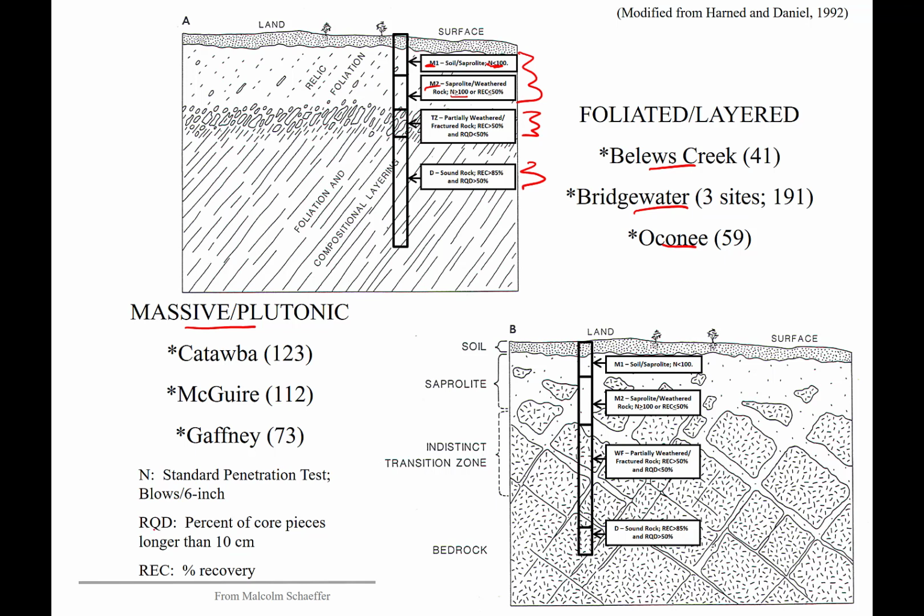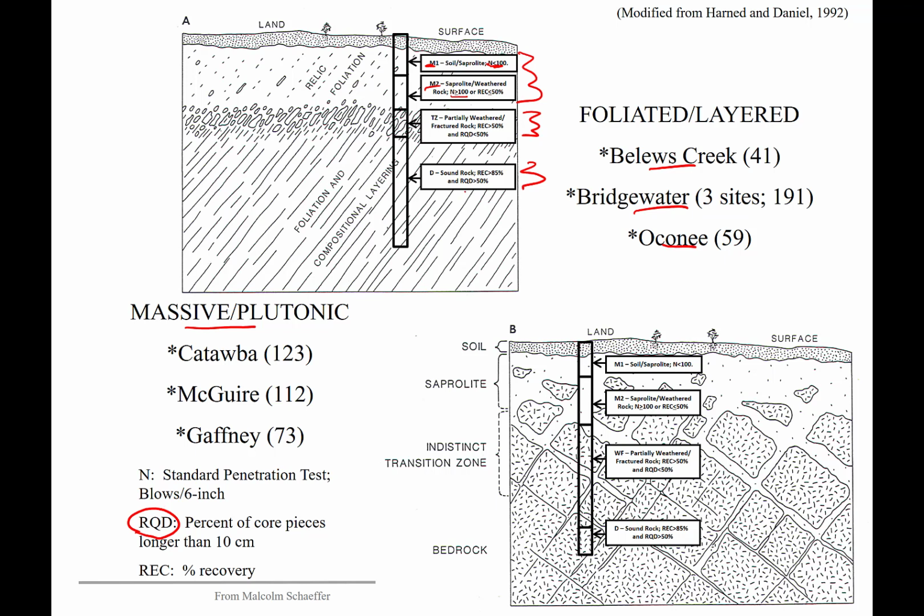And then RQD, that's a term that's used to describe the percent of pieces of core longer than 10 centimeters. So the higher the RQD, the more sound the rock is, because the more long pieces of intact core are generated.